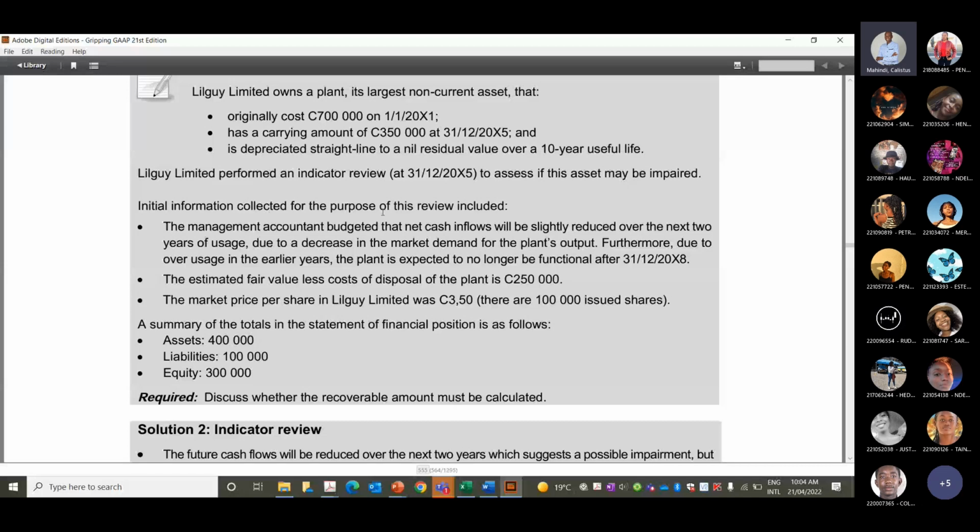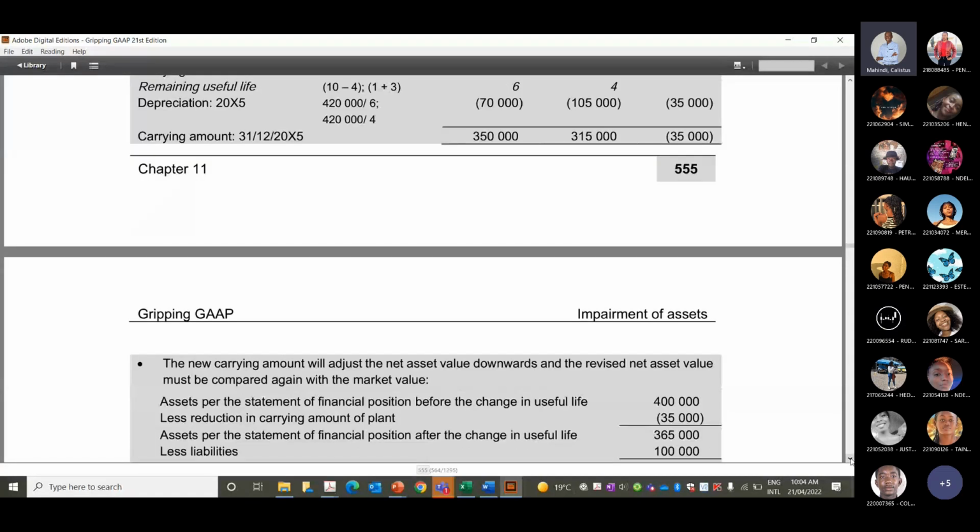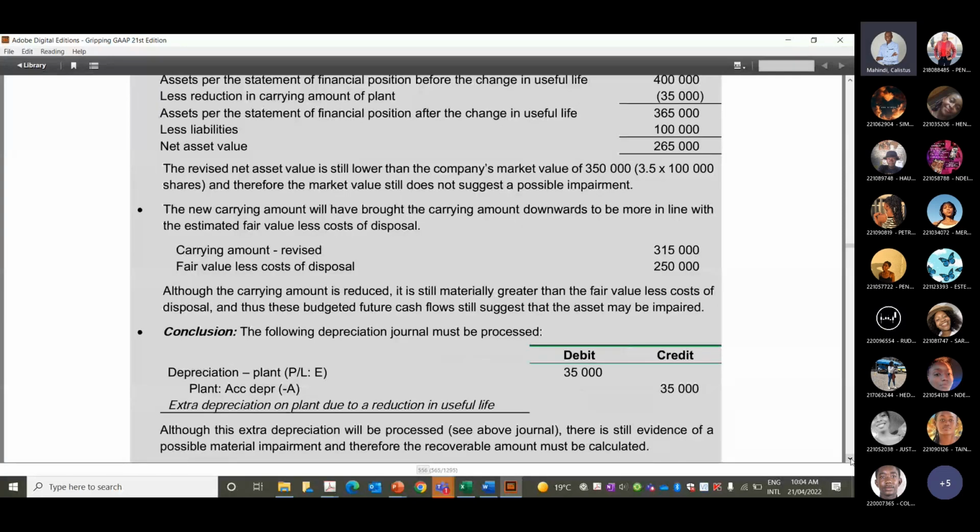Okay, so I want you to go through question 1 again, and then go through question 2. All right, question 2 is the same scenario, just some figures were changed, and in question 2, the solution actually is that the asset is possibly impaired, and that the recoverable amount needs to be calculated.